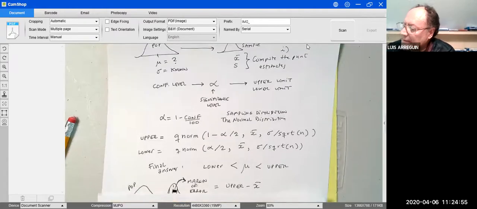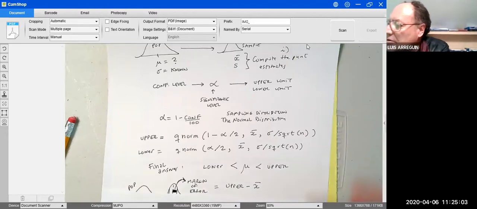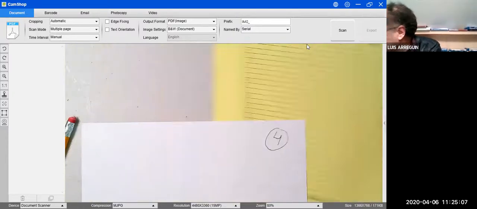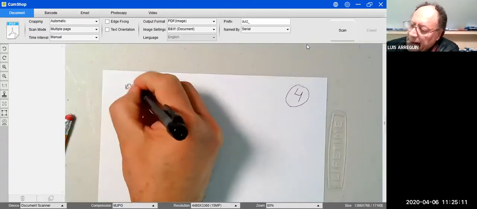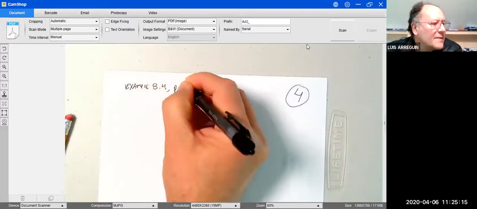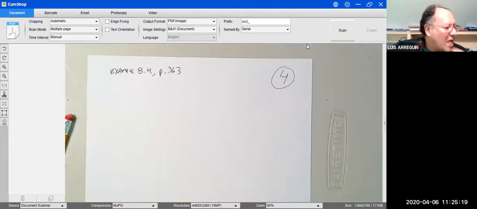So we're going to start solving example 8.4. The example that we're going to solve is on page 363. So we're going to read very, very carefully.